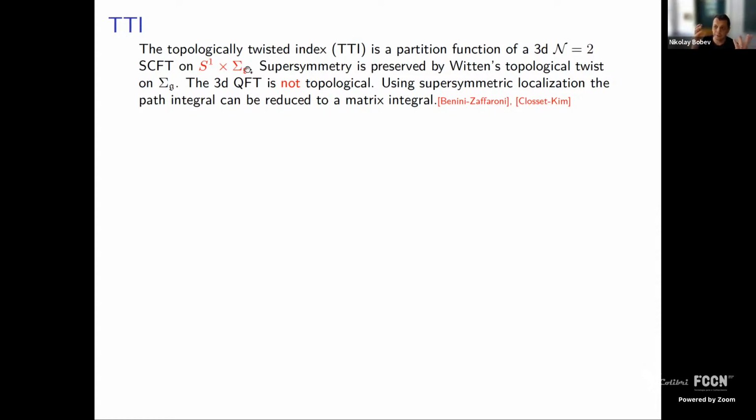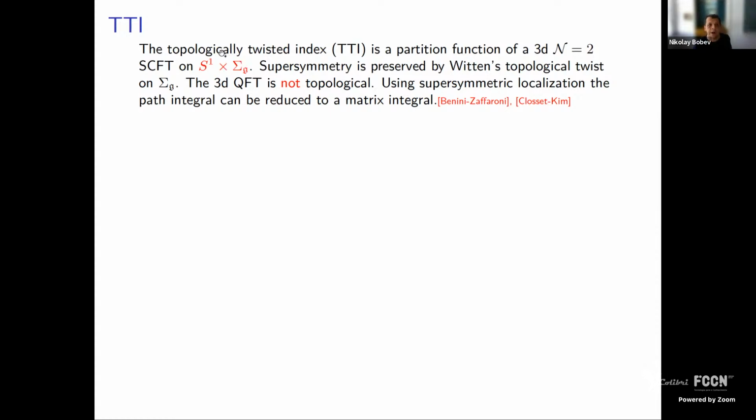You use the R-symmetry U(1) gauge field of the CFT, you turn it on such that you cancel the spin connection. As a result, your supercharges are ordinary fermions on S^1 and scalars on Sigma, and you keep two real supercharges in general.